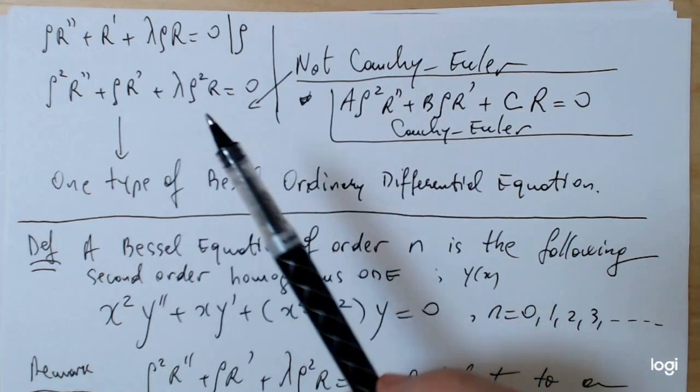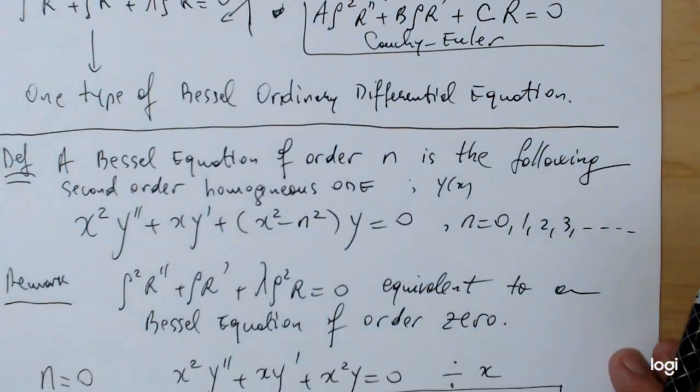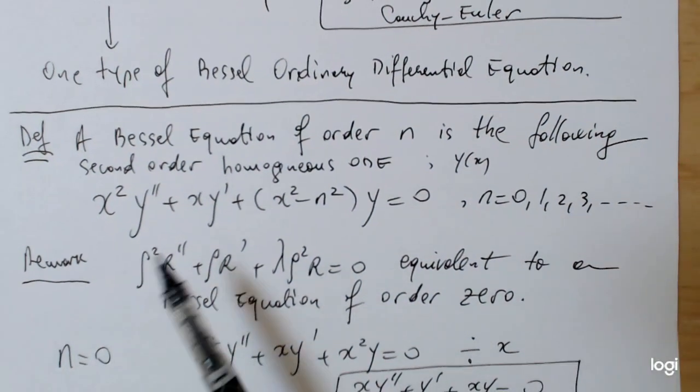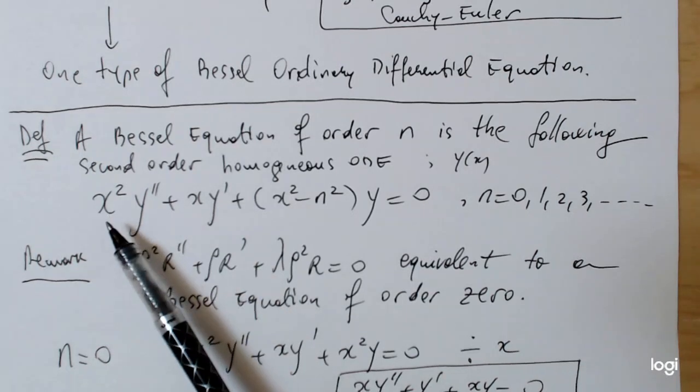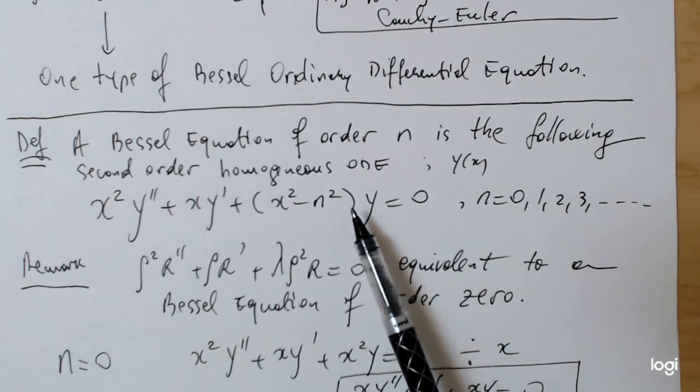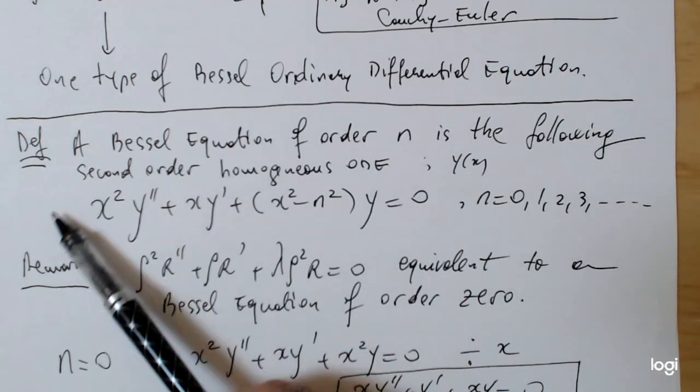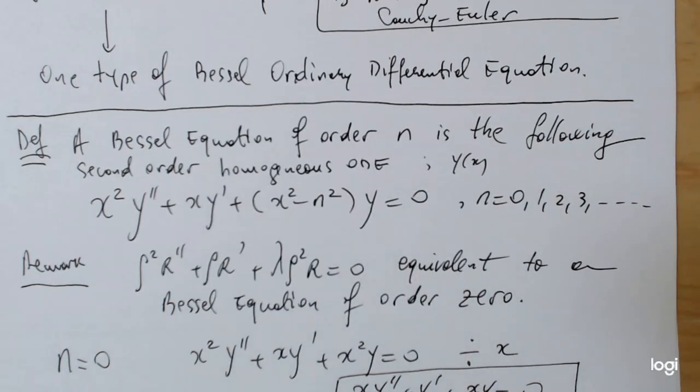And this one happens to be equivalent, as you'll see later, to a so-called Bessel equation of order 0. More generally, a Bessel equation of order n will have this format.